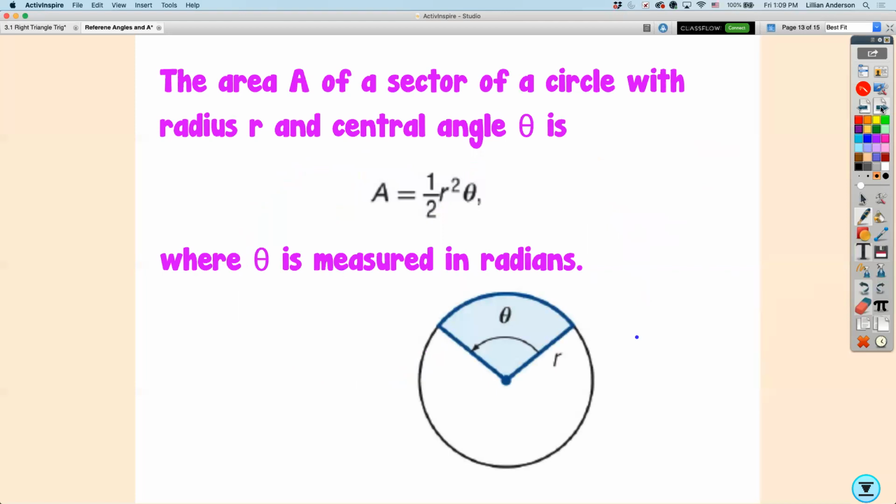Area of a sector, the one at the very bottom. To find the area of a sector with a radius of r and a central angle of theta, it is A equals 1/2 r squared theta, where theta is still measured in radians.